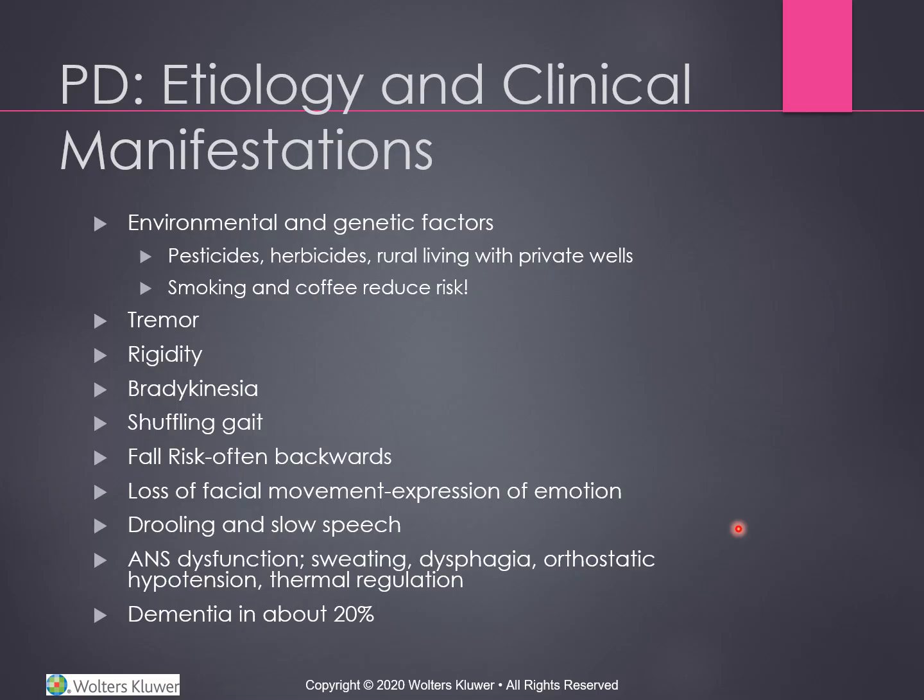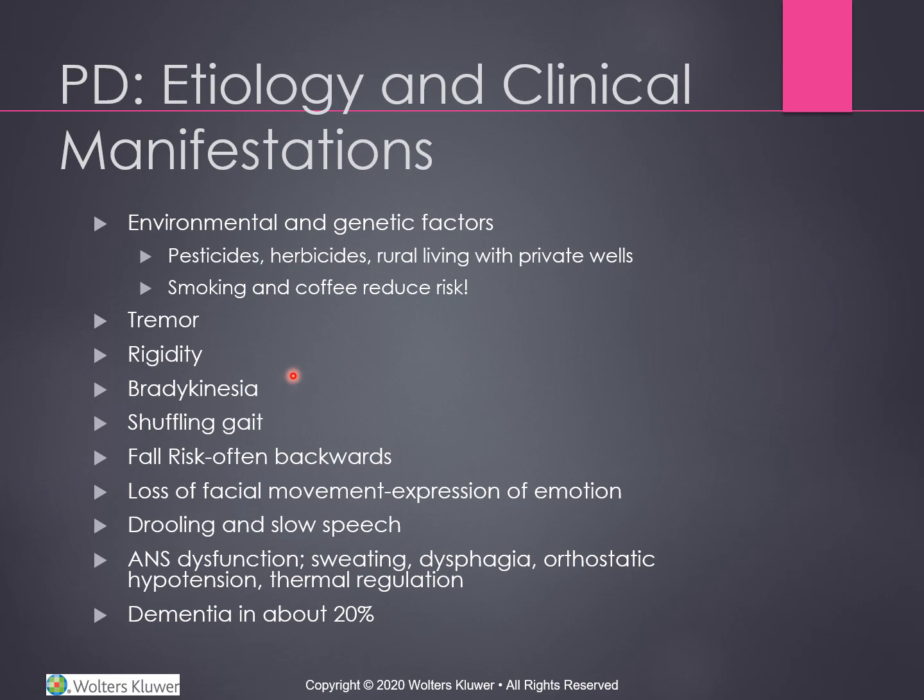So picture someone slightly stooped over, looking toward the ground with their arms hanging rigidly at their side and their feet just sliding along the ground in slow, uncoordinated movements. That's what the gait of someone with Parkinson's looks like. This slow, shuffling gait.